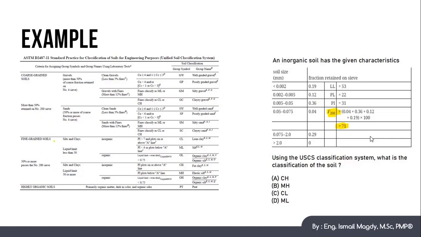This is 50% or less retained at 200. And we know now that the finer is 71, so the retained is 29, which is less than 50%. So our soil will be in this area here. Let's highlight this part. This is our soil.